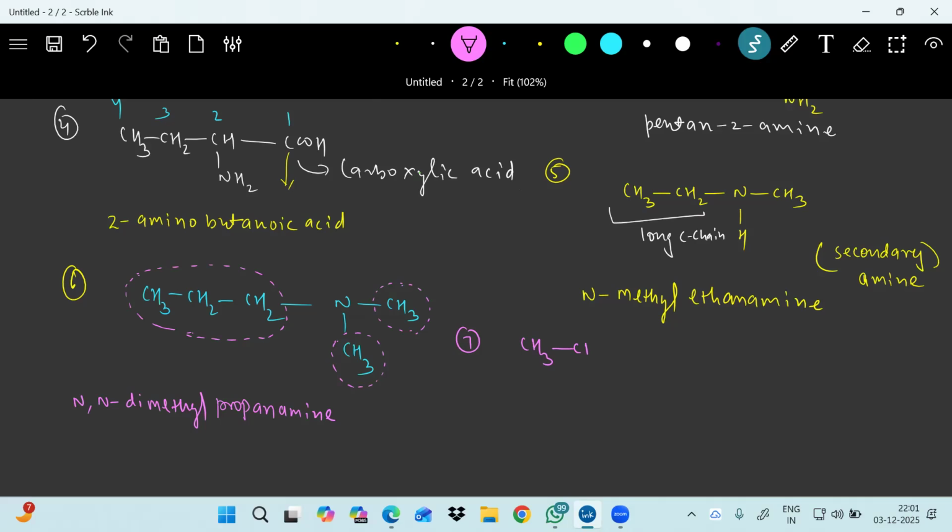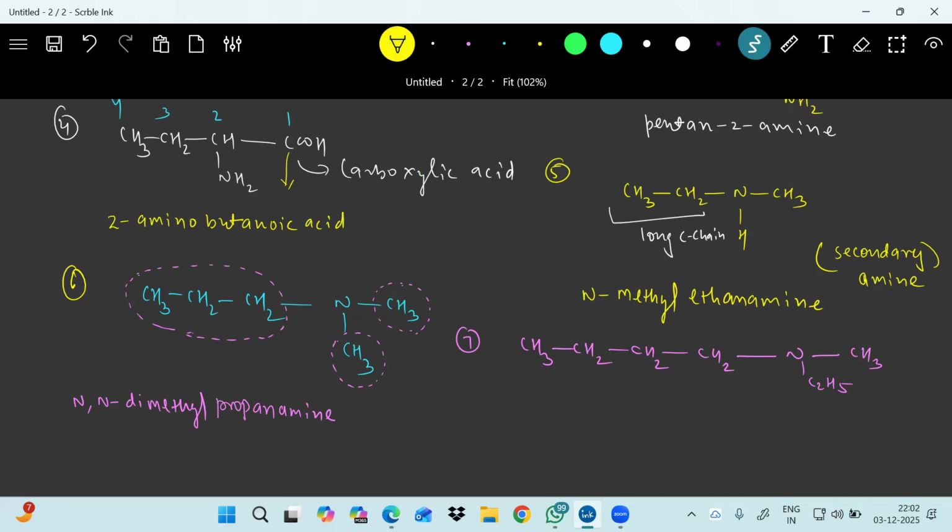You tell me what is the name of this compound now. It will be N-ethyl, N-methyl, butanamine.